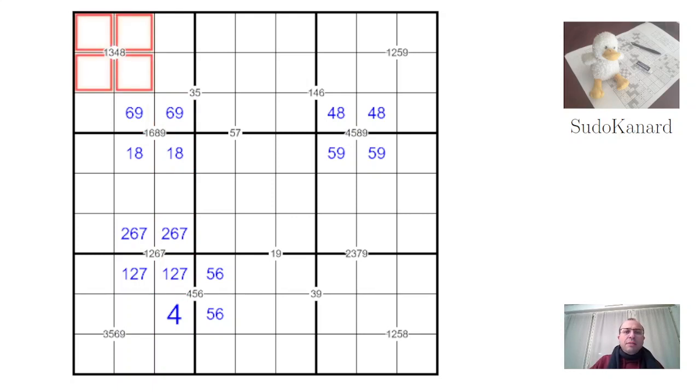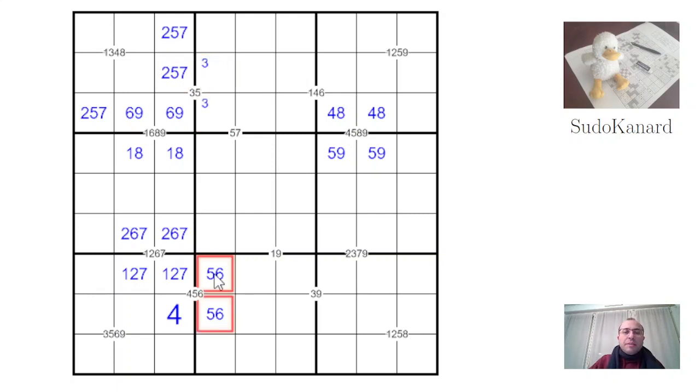Here we have 1, 3, 4, 8 with those, so we still need to place 2, 5, and 7 somewhere in this box. So 2, 5, and 7 are in those cells. And we see that 3 must appear somewhere in here.